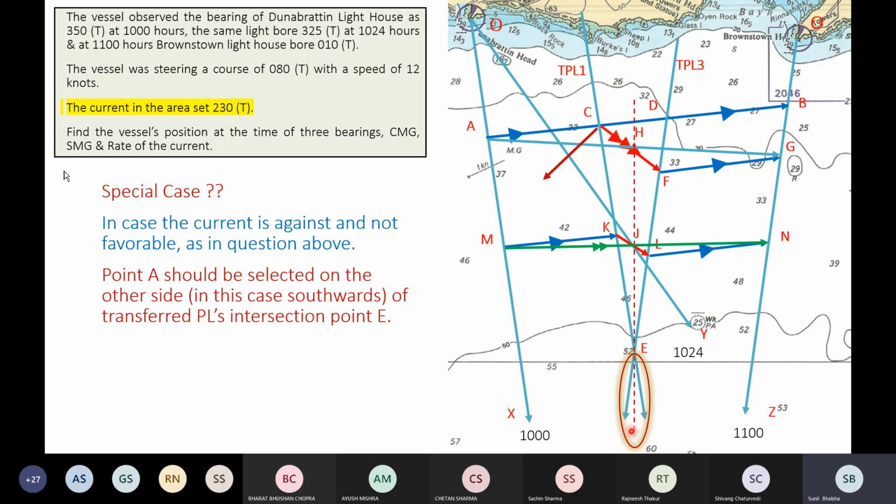Once you draw the current vector, you will see it meets TPL3 and you will be able to solve your question. So that is the thing to keep in mind.